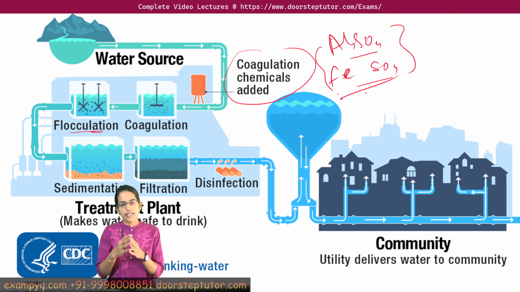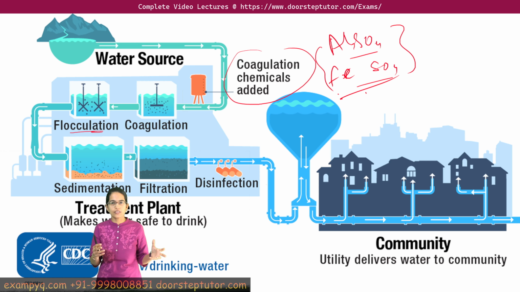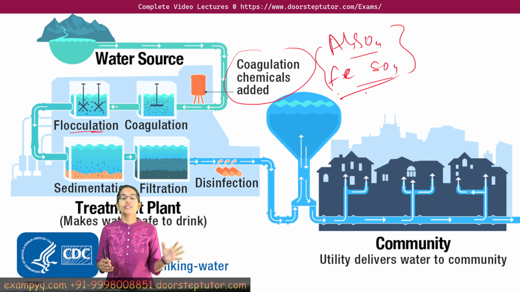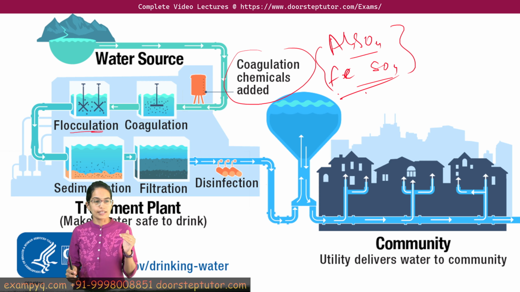So coagulants help to remove impurities, bacteria, and viruses. One of the major limitations of coagulation and flocculation is that it requires thorough mixing, proper monitoring, and the costs are definitely an important matter in this field.